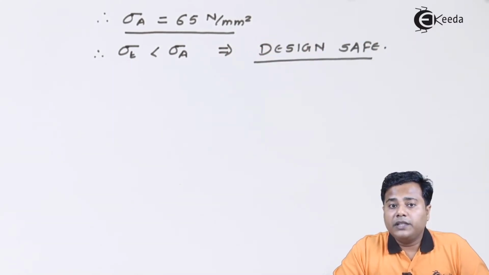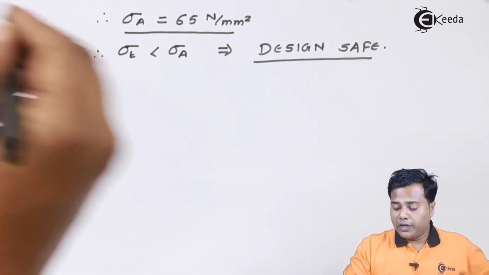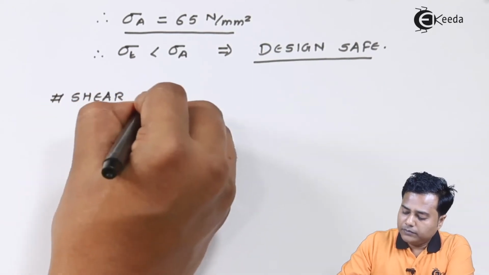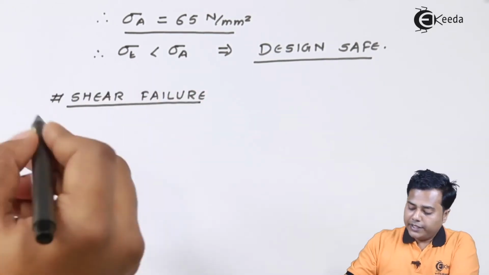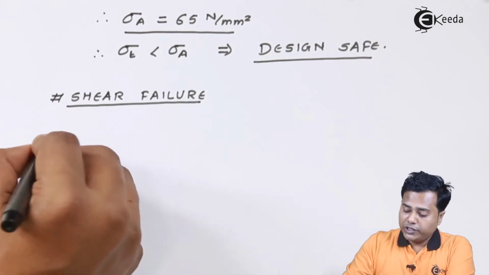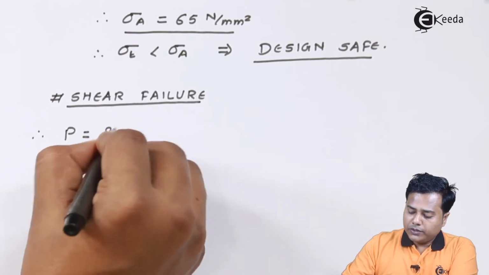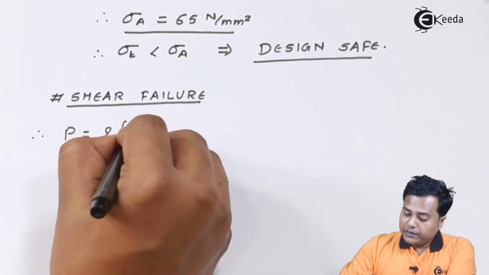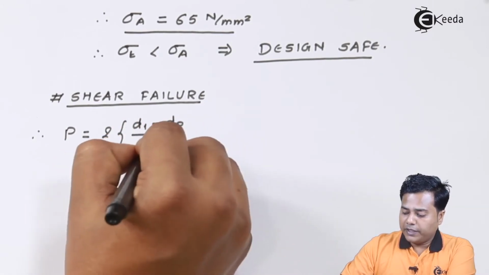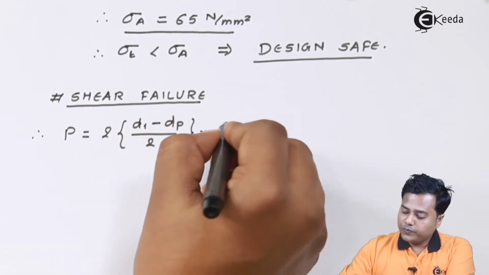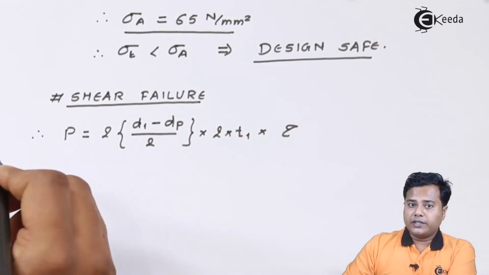But we have to consider the shear aspect also, and that's why we'll move ahead with the shear failure aspect. The formula that we use in shear is again, now it's again a double shear, and that's why the formula becomes twice the difference between the outer diameter and the diameter of the pin, divided by 2, into twice its thickness, into the shear stress.